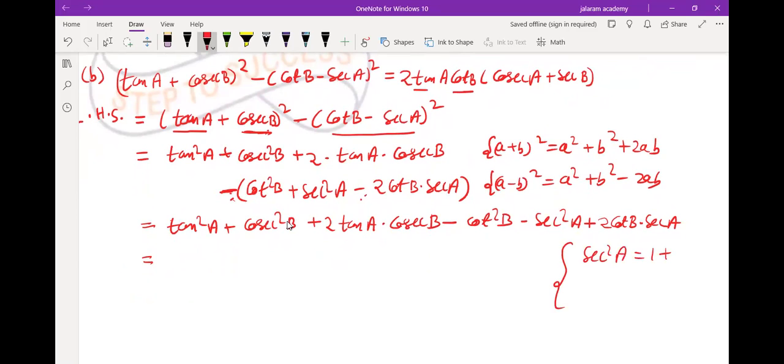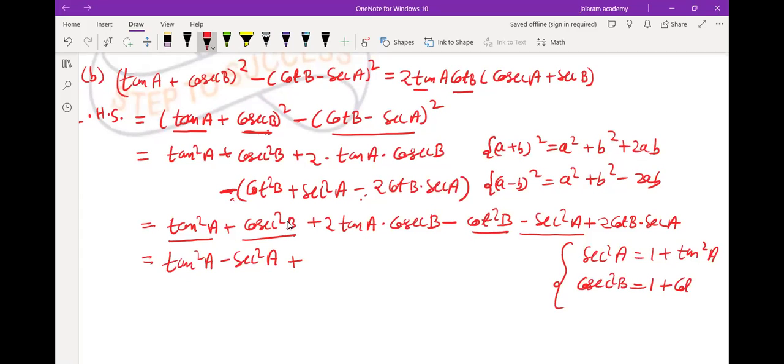And this line has a term containing tan square A as well as a term containing sec square A. So write them together first of all: tan square A minus sec square A. Next, cosec square B, we have a relationship between cosec square B and cot square B also. Both are present in the equation. So cosec square B equals 1 plus cot square B.